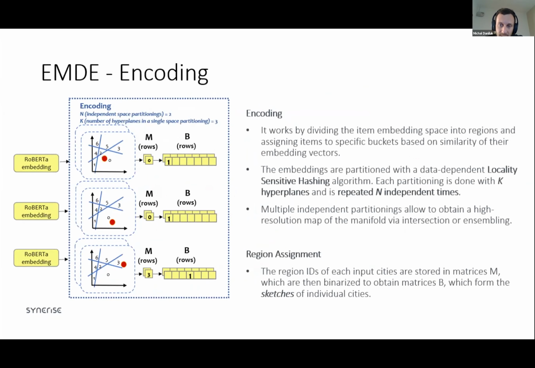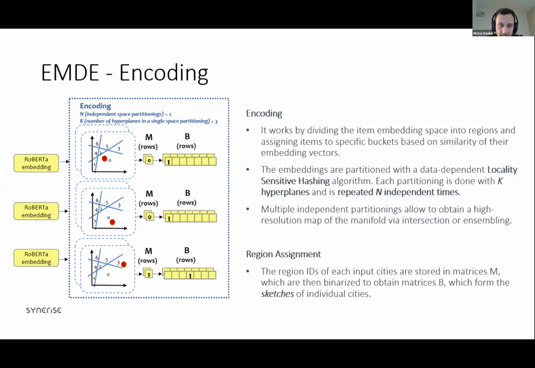We divide the item embedding space into regions and assign items to specific buckets based on similarity of their embedding vectors. So in this picture, the red dots denote the embedding of a specific paper. The embeddings are partitioned with a data-dependent locality-sensitive hashing algorithm.